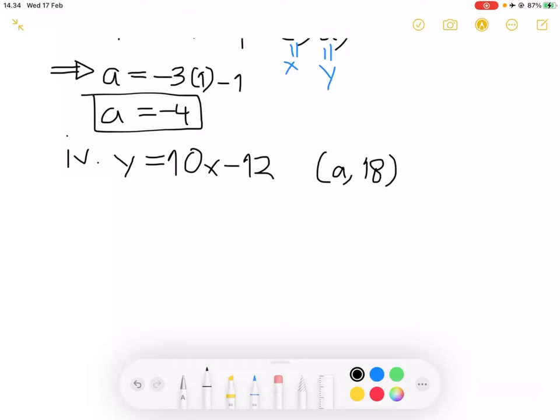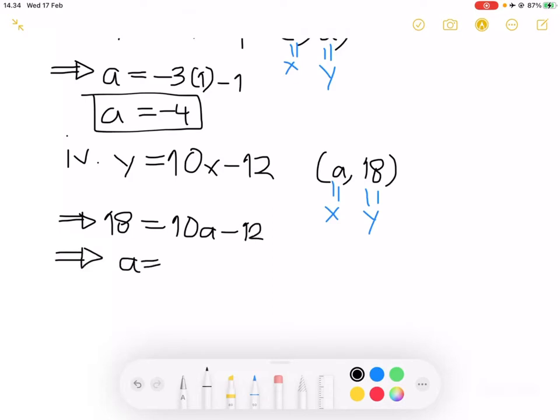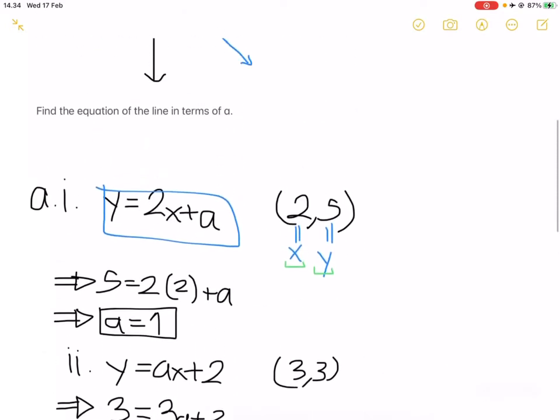Alright, and you can just substitute each x and y value. The x coordinate right here is a, the y coordinate is 18, therefore it will become 18 is equal to 10a minus 12. That means a is equal to 3. That's it, we're done with part A.